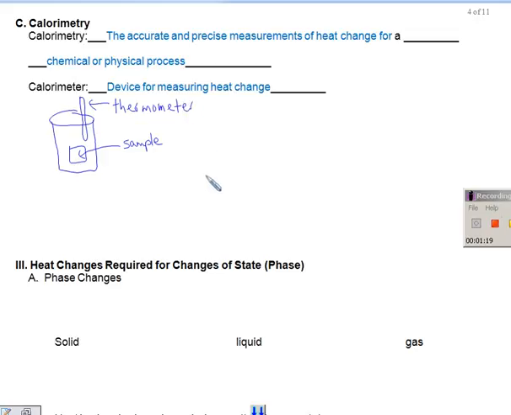So as the sample gives out heat, the water temperature changes. As the sample absorbs or releases heat, the water temperature changes.